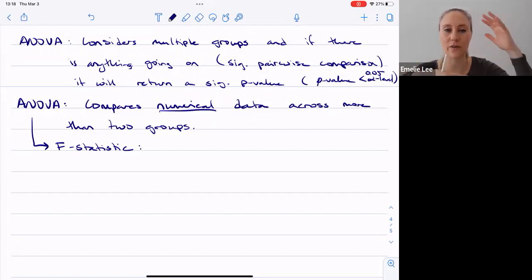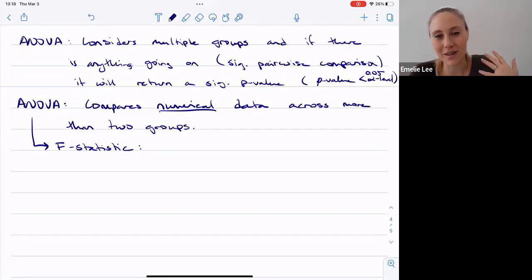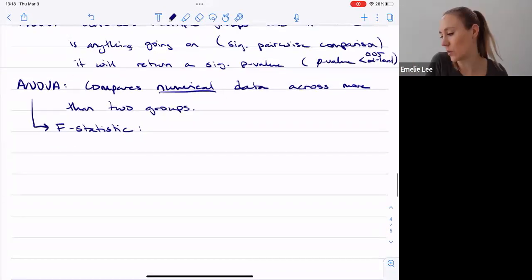So just in general, how much variability do I have across the groups and how much variability do I have within the groups? And that's going to tell me if there's anything going on here. Especially in the beginning, it just kind of felt like magic or kind of witchcraft. But it works, and the more you work at it, the more it'll make sense.